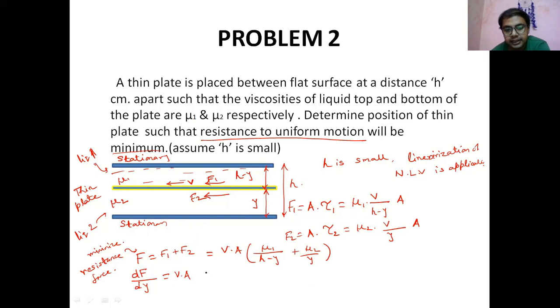If you differentiate this, you will get μ1/(h − y)² minus μ2/y² is equal to 0.